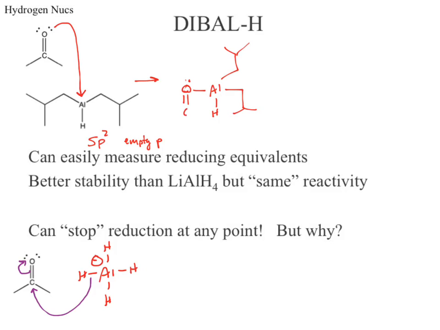A double bond to our carbon. Our oxygen would be formally positive. Does it want to be positive? No, so what does it do? Takes electrons from the pi bond, which then means the carbon is positive. What happens? Now the hydride attacks.